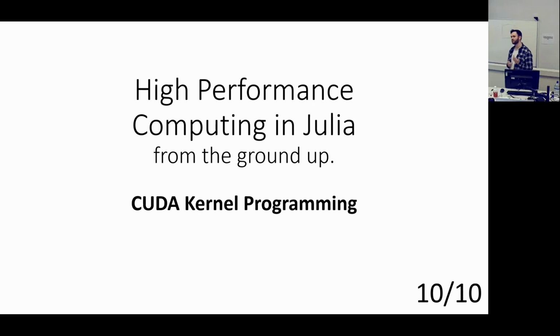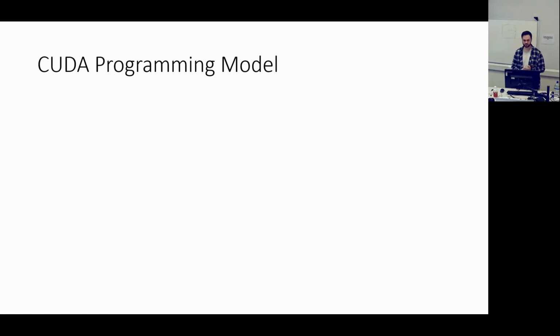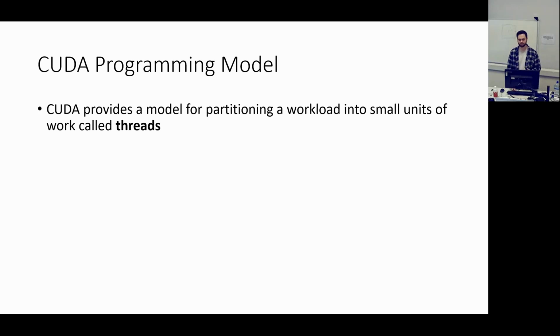So today we're just going to cover a bit of actual CUDA programming, so writing your own kernels instead of using the higher level abstractions that we talked about on Tuesday. So we'll talk a little bit about what the CUDA programming model actually provides.